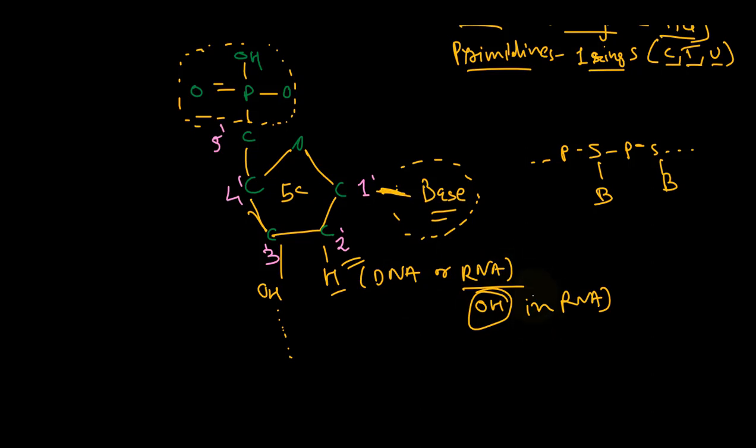So at the second carbon in the RNA there is an OH group present, so that is ribose sugar. It makes it more reactive than DNA, and susceptible to hydrolysis, right? So that is the structure of a nucleotide.